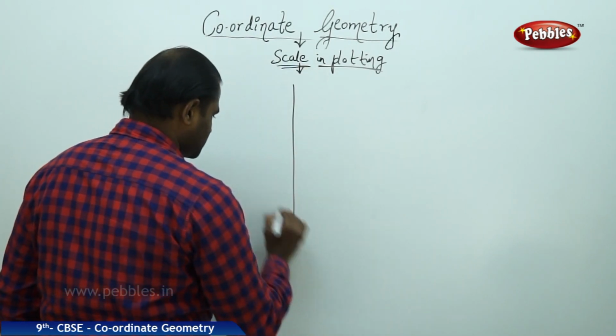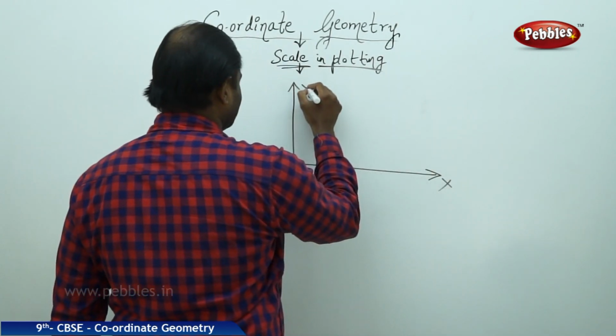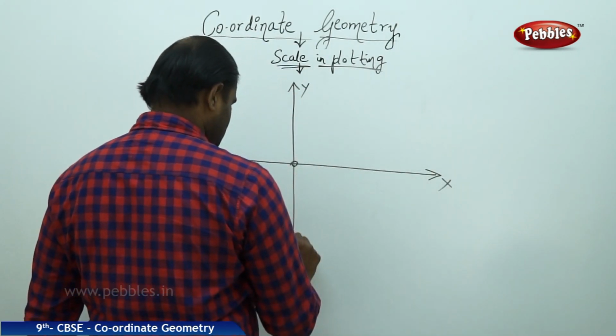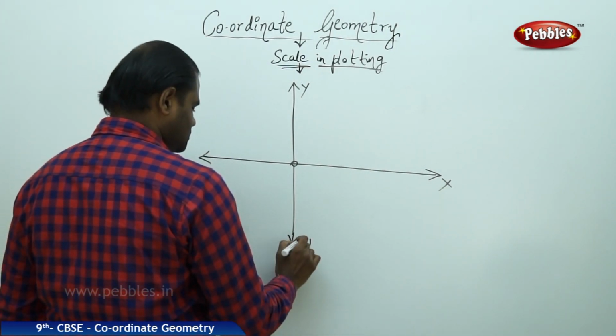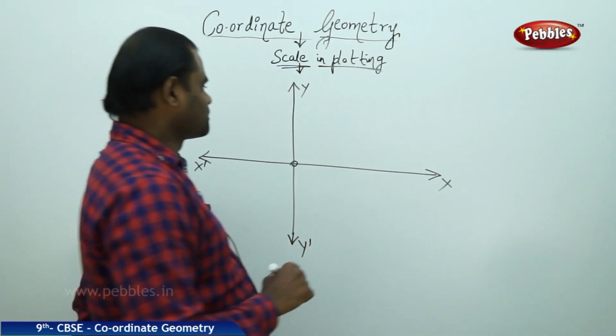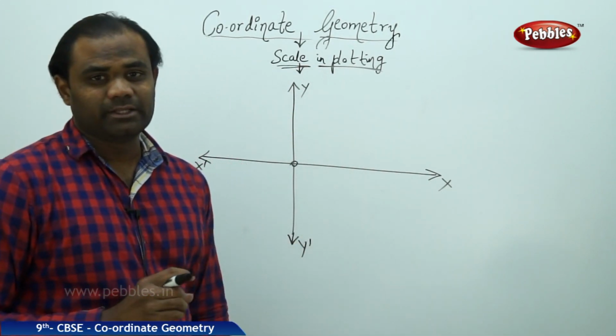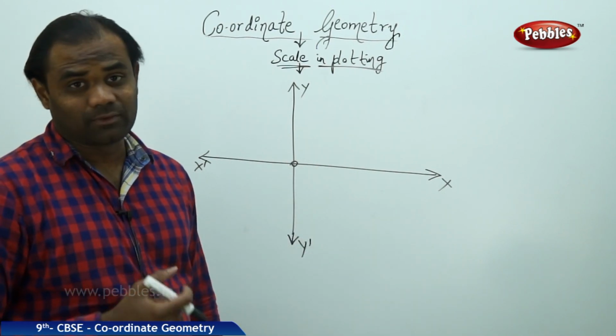Imagine I take an x-axis and a y-axis with origin, with xx dash being the x-axis and yy dash being the y-axis. Now scale is the measurement used when we move the points along x and y-axis.